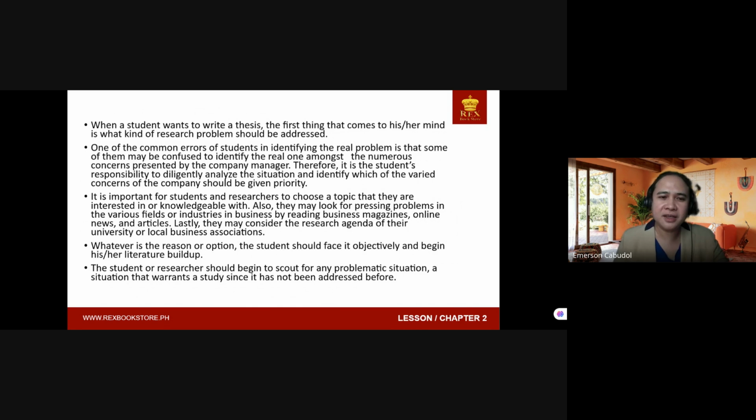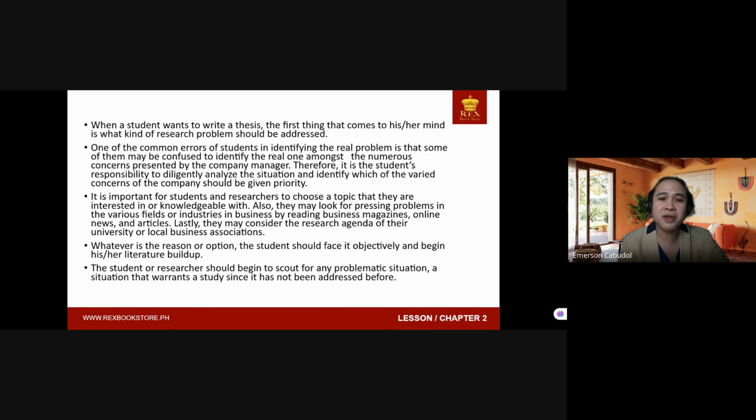When we are writing a thesis or a research, students often struggle to identify a suitable research problem. Sometimes they become overwhelmed by the so many issues presented by company managers. So it's very important for students to prioritize and select the most relevant concern for the research.